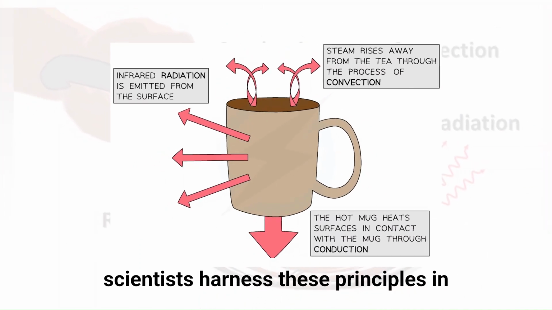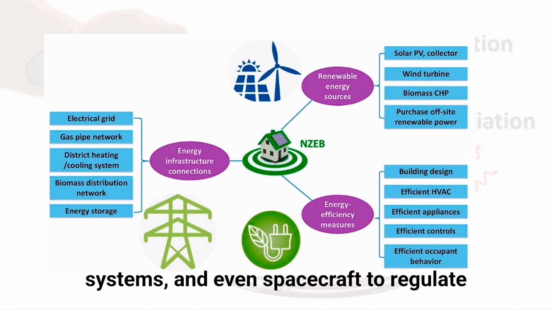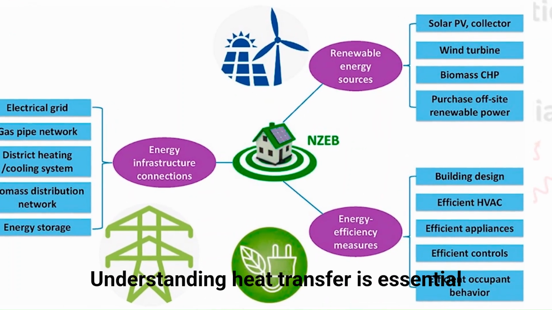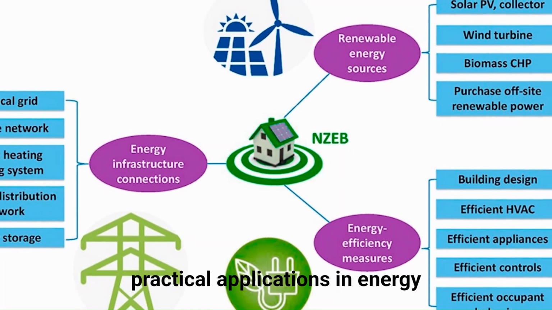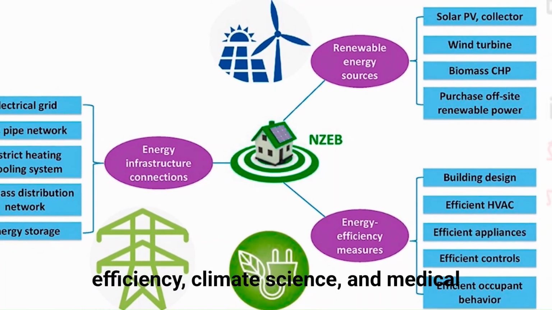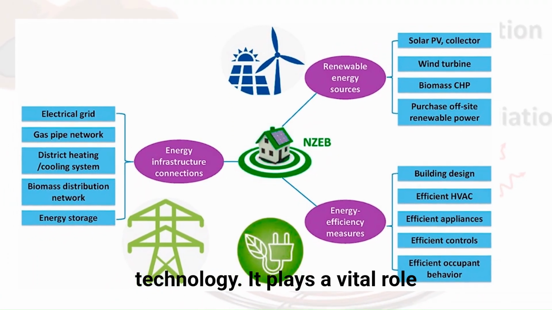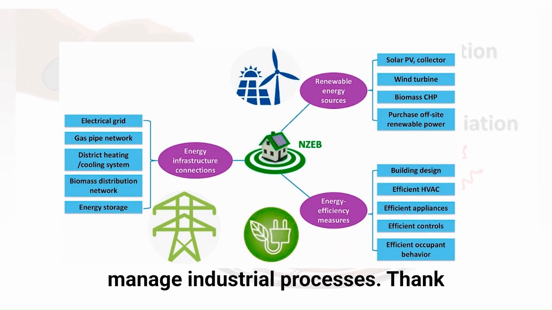Engineers and scientists harness these principles in designing insulation materials, heating systems, and even spacecraft to regulate temperatures effectively. Understanding heat transfer is essential not just for physics but also for practical applications in energy efficiency, climate science, and medical technology. It plays a vital role in how we design buildings, cook food, and manage industrial processes.